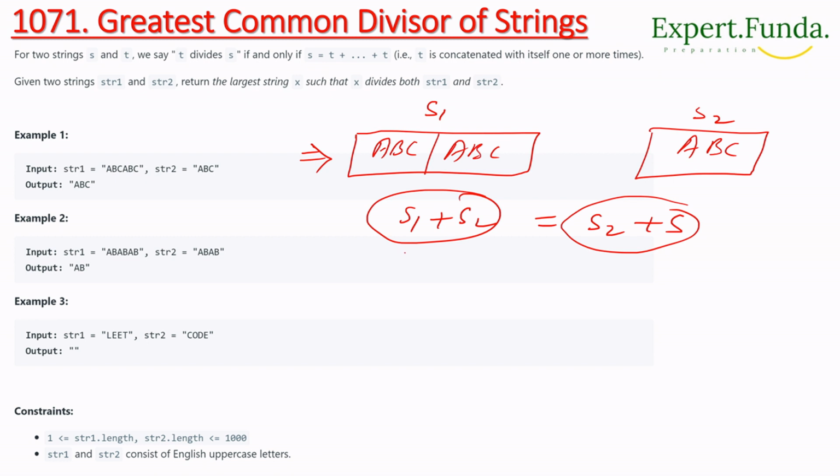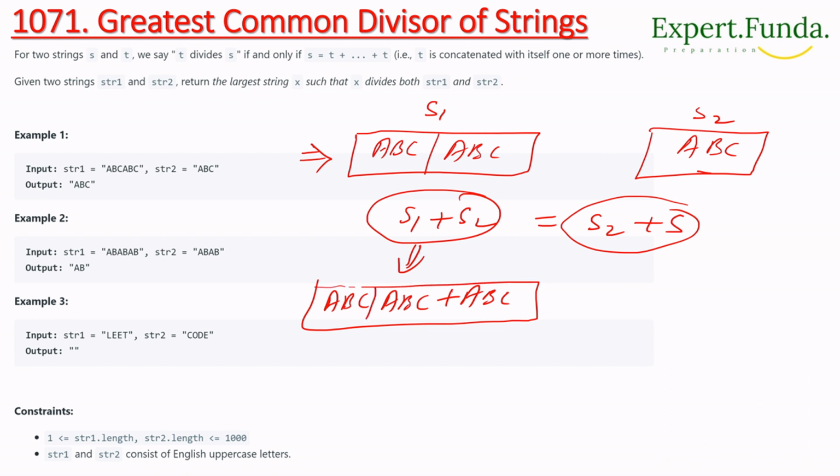Let's do it first for this one. In s1 we have abc abc, and s2 we have abc, so I'll add abc here. After this concatenation, the string will look like abc abc abc, correct?